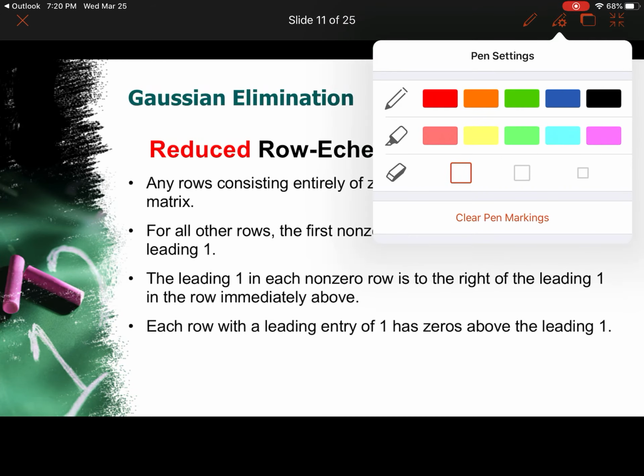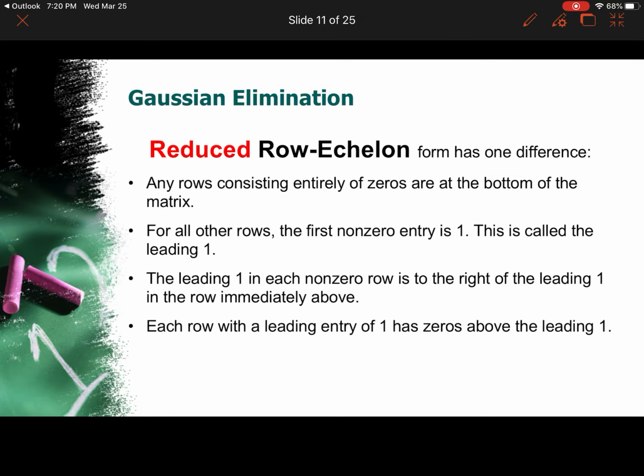So if we had something that looked like this, right, then this would be in reduced row echelon form because I have my 1s on the diagonal and there's zeros both below it and above it.